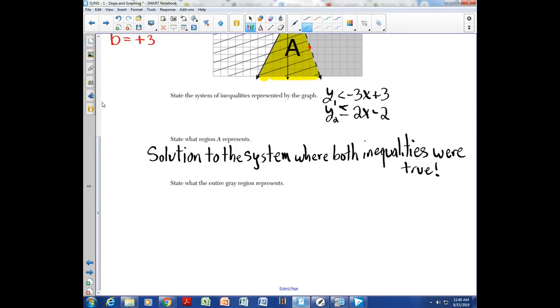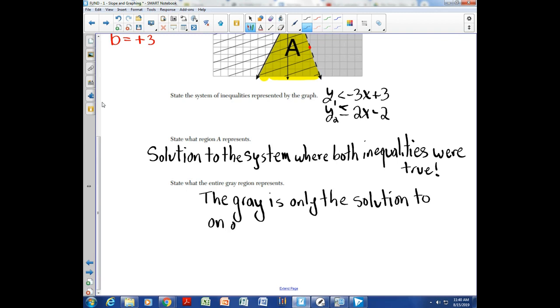The gray region is only the solution to one of the inequalities, or what we called y2. And there you have it.